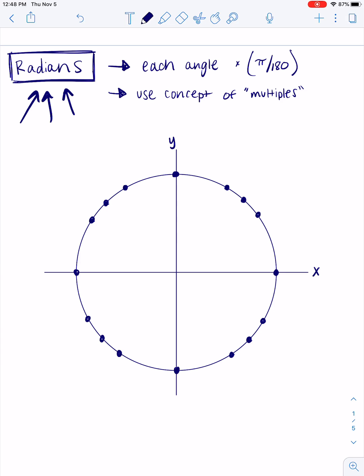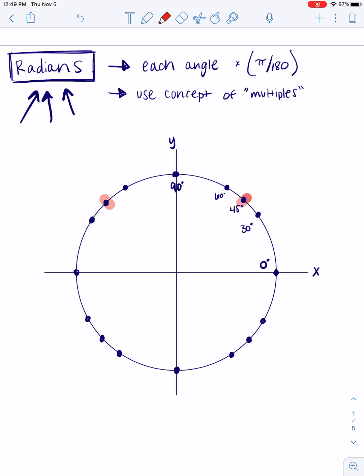Okay, so we said for degrees, we're going to start on our positive x-axis. That point where the unit circle intersects the positive x-axis is 0 degrees. And then we go all the way around our circle in special angle pairs. So we have 30 degrees, 45 degrees, 60 degrees, and then this top angle is 90 degrees.